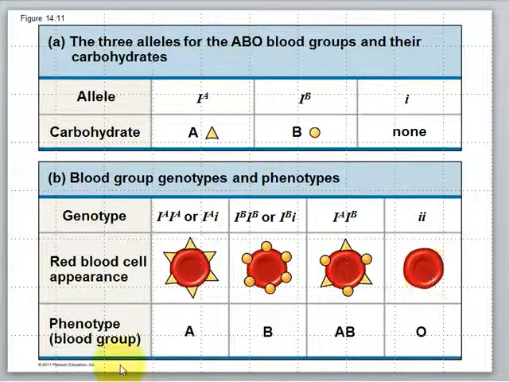If you had, for example, A blood and we transfused B blood into you, your body sees these carbohydrates on the outside, recognizes this blood cell as a foreign invader, and it causes a severe reaction. But the O blood type doesn't have any of the carbohydrates, and the body can't detect something that's not there. So O is considered the universal donor and can be given to pretty much all of the other blood types.